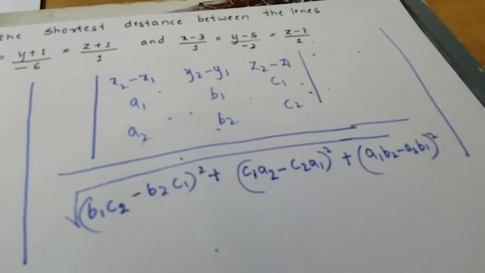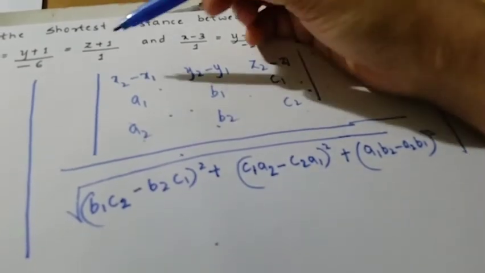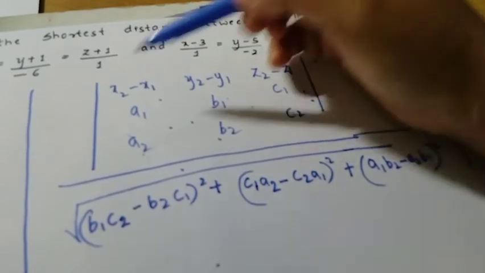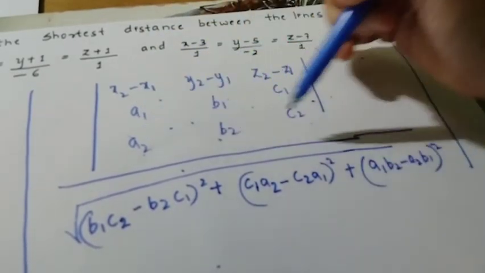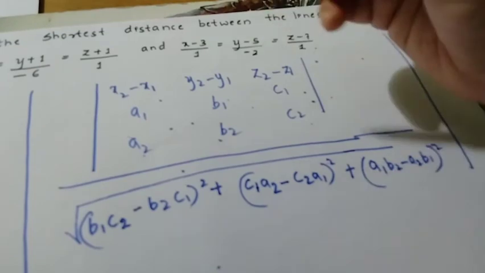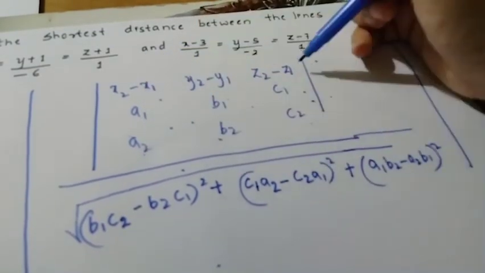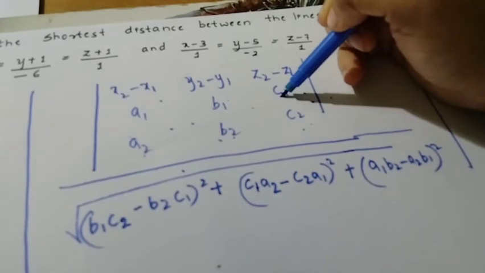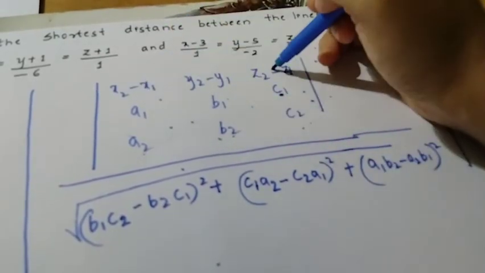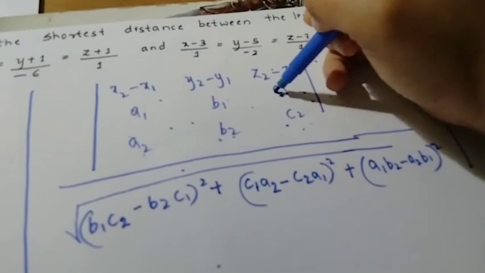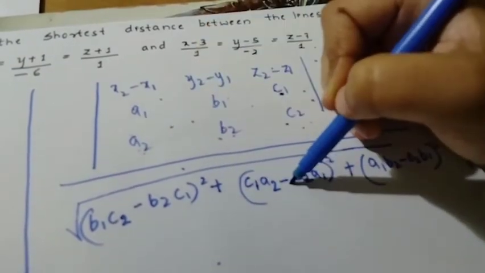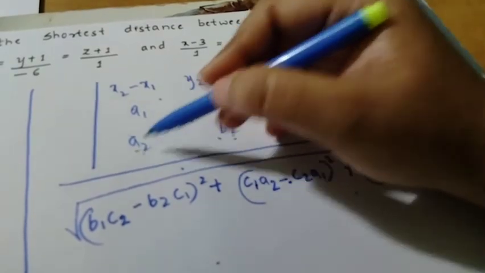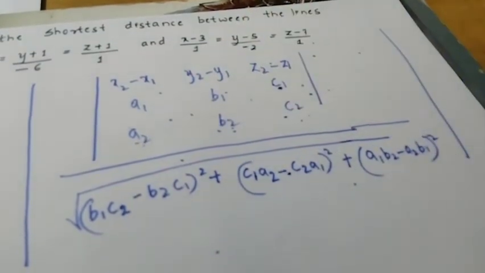When given in Cartesian form, you must use this formula: x2 minus x1, y2 minus y1, z2 minus z1; a1 b1 c1; a2 b2 c2, divided by the root of: b1 c2 minus b2 c1 whole square, plus a1 c2 minus a2 c1 whole square, plus a1 b2 minus a2 b1 whole square.